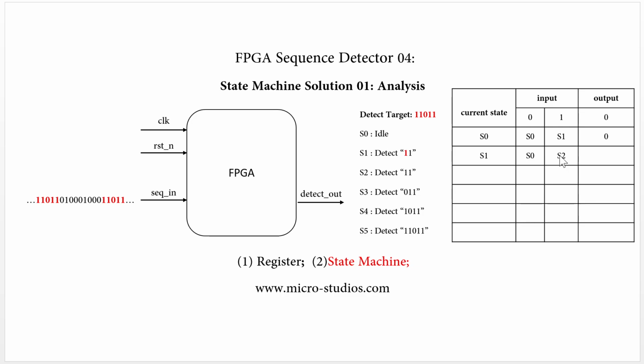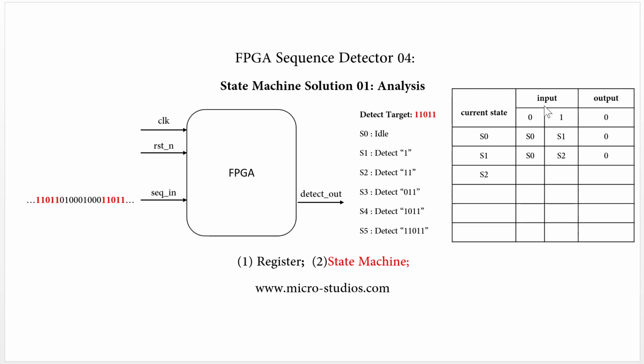At this moment, we still output 0, because for the S1 current state, we detected only 1. So we still output 0. Okay, so next, when S2 becomes the current state, it means we already detected 1, 1.